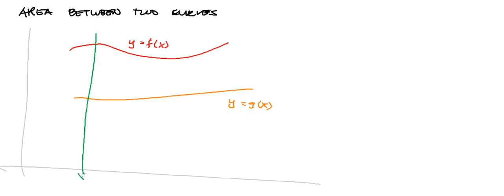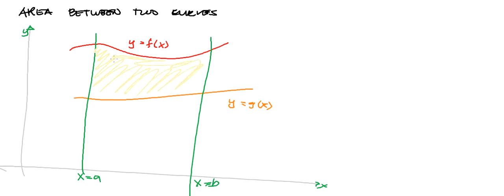So we have a line from point A up to point B. Once again, assume that my line is straight. So this is our x-axis, y-axis. How can we determine the area bounded by these two curves? This area only.